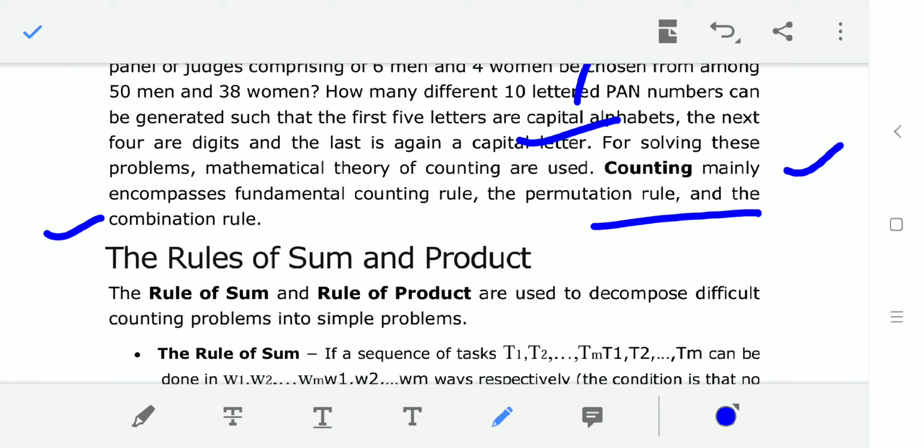The rules of sum and product. The rule of sum and rule of product decompose difficult counting problems into simple problems.